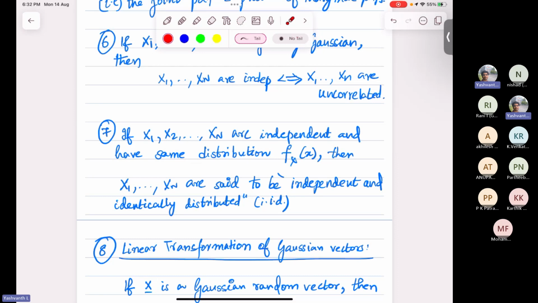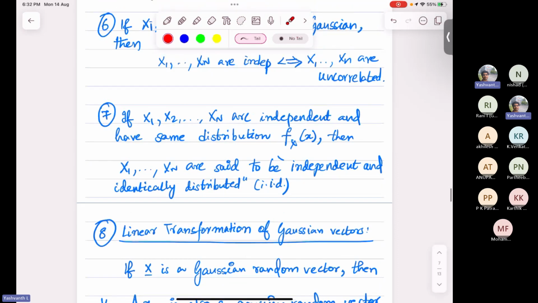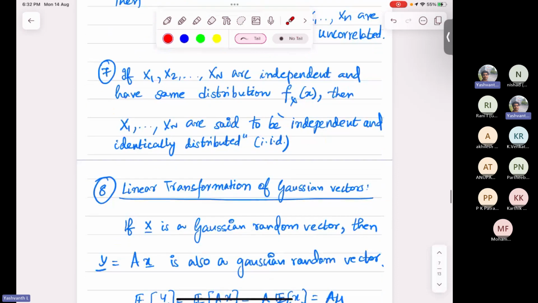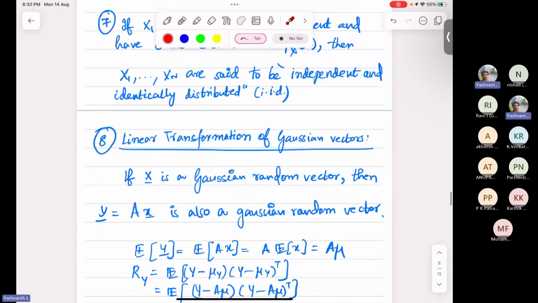So this is called IID. They are independent and they have the same distribution. Then these random variables x1 to xn are said to be independent and identically distributed, in short IID. It's a very standardly used notion whenever you want to refer to some property of these random variables.